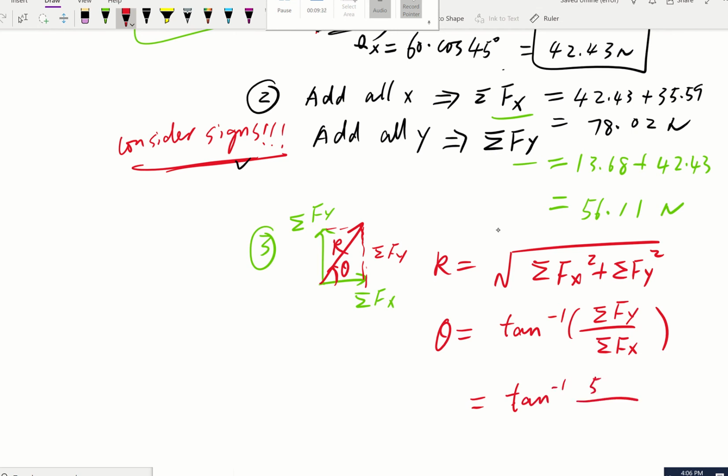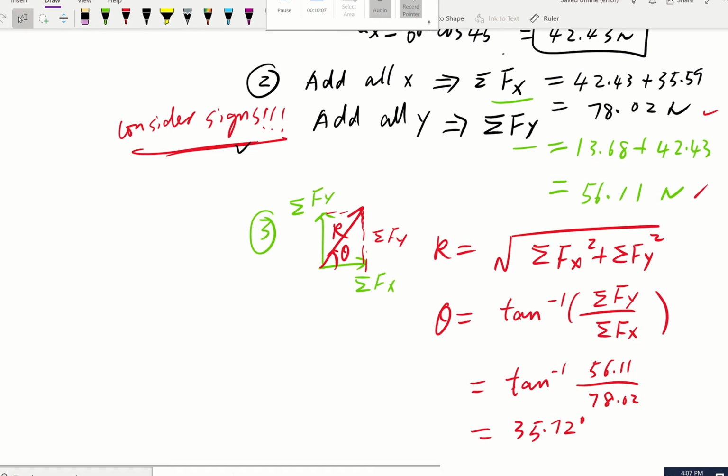Fy is 56.11 and Fx is 78.02. So go ahead and plug into your calculator, which I'm doing now. And then we're going to take an inverse tangent, and I have the answer as 35.72 degrees. Okay, so we got our answer.